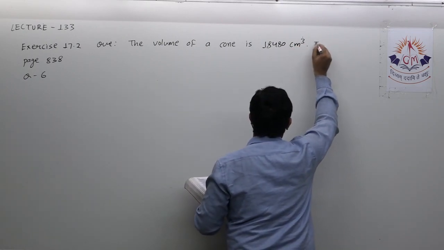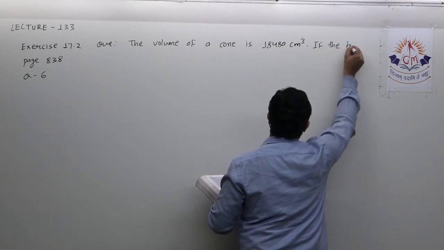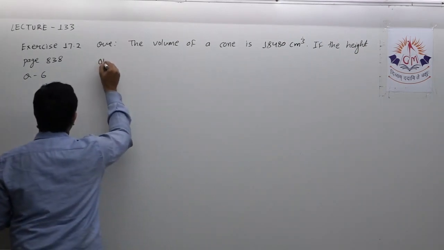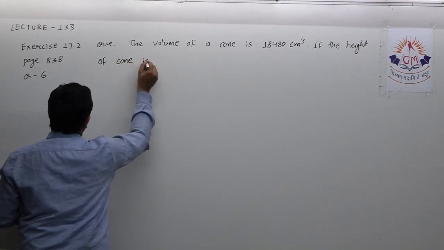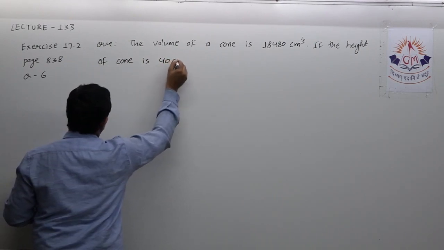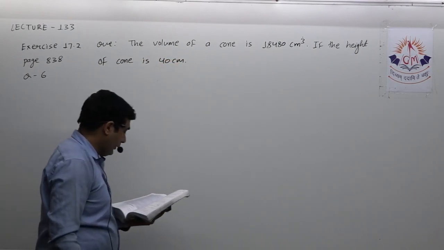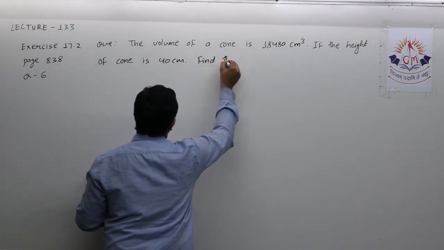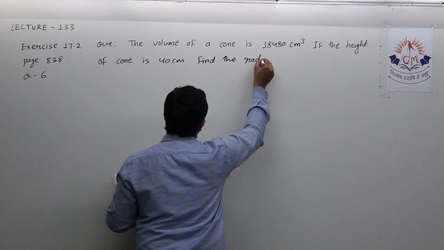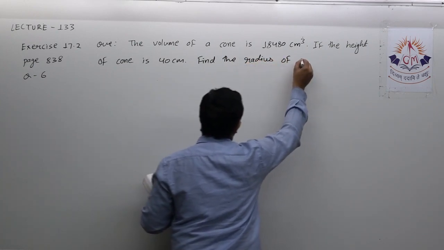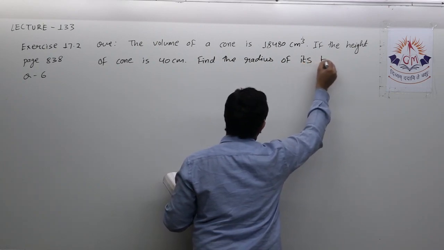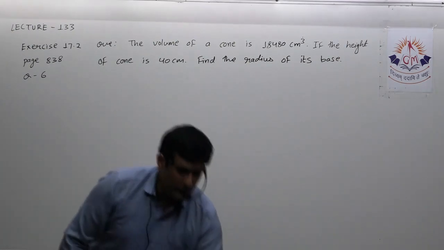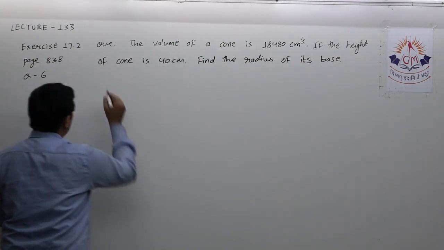If the height of the cone is 40 centimeter, find the radius of its base. Okay, so here volume is given, height is given, we have to find the radius.